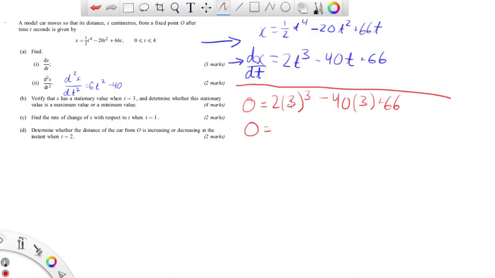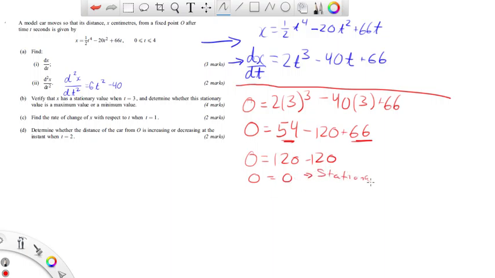Nice little order of operations question there. 3 cubed is 27, so 2 times 27 is 54, minus 120 plus 66. 66 plus 54, the 10s give me a value of 110, plus the other 10 is 120. And that, in fact, does equal 0. So we need to actually state that this is a stationary point. It's always better to write more than less on these exams.